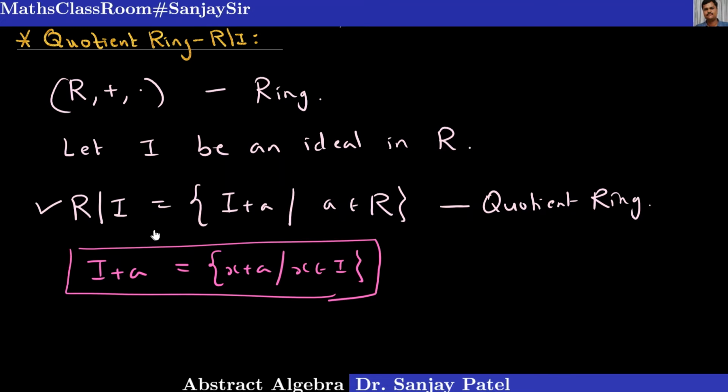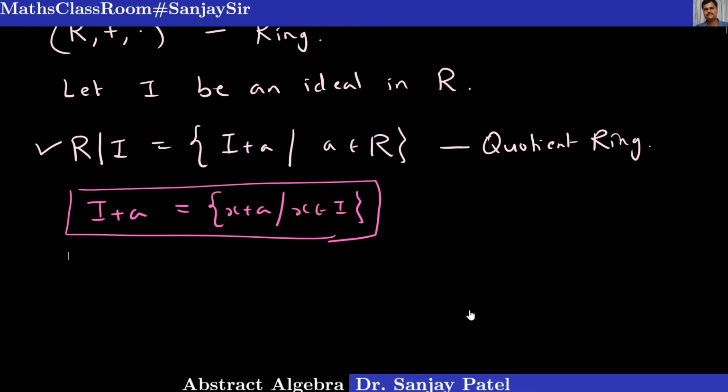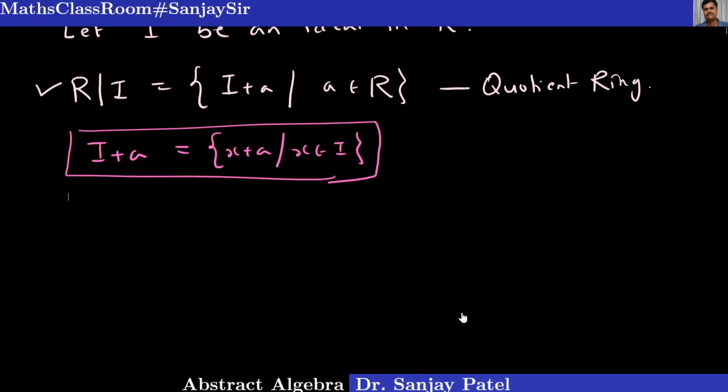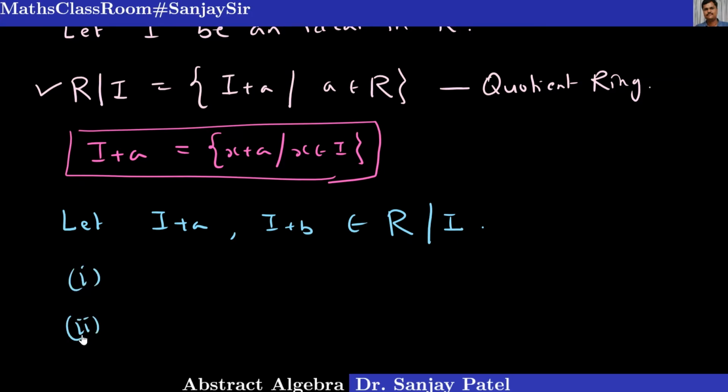So to define addition and multiplication in this set, I need to take two such elements, meaning two such cosets from the set R mod I. So if I choose I plus a and I plus b belonging to the quotient ring R mod I, then I want to define two operations, one is addition and the other is multiplication.